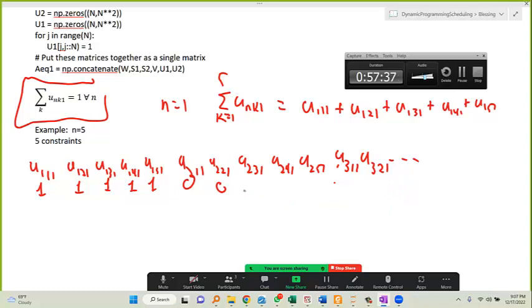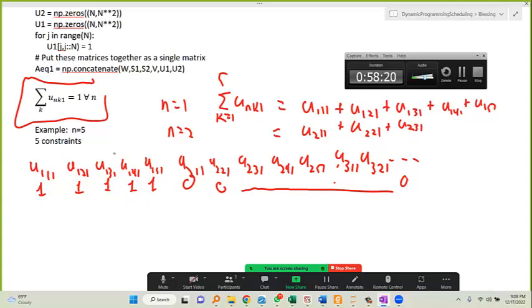What about the second constraint? The second constraint now is where n equals 2. So you have U211, U221, U231.